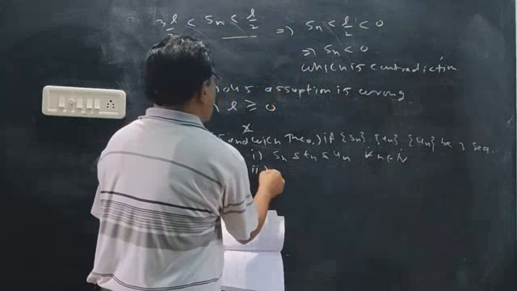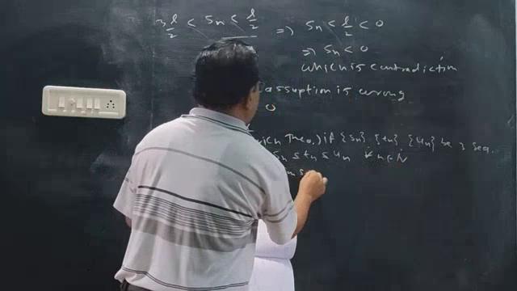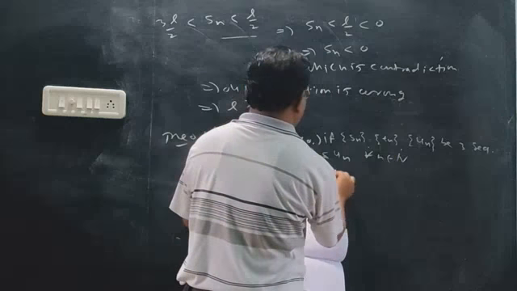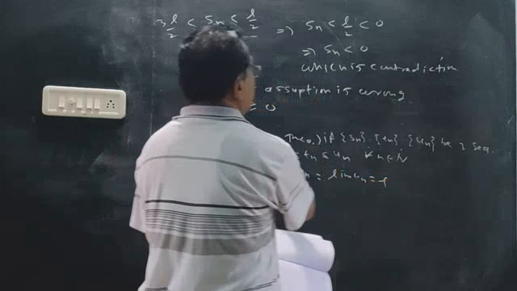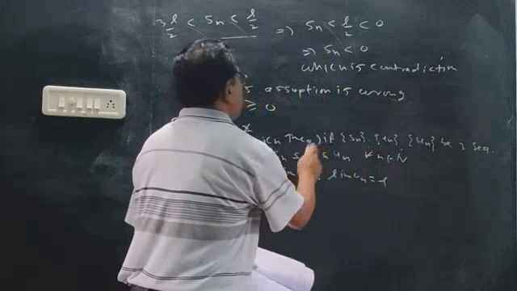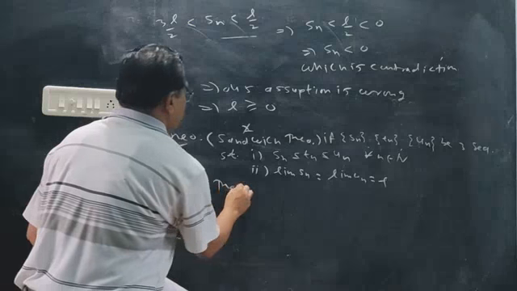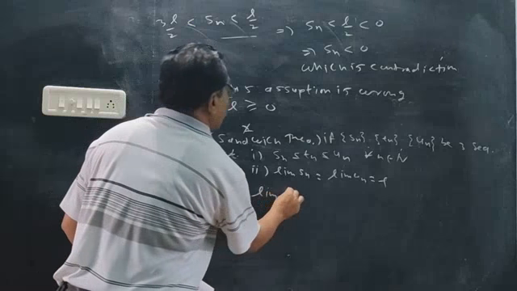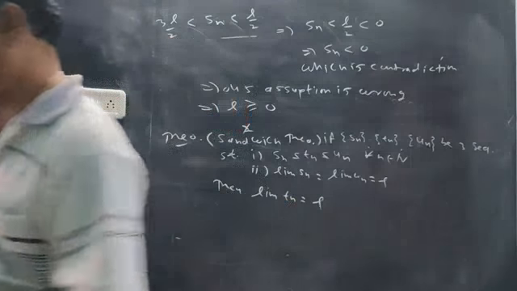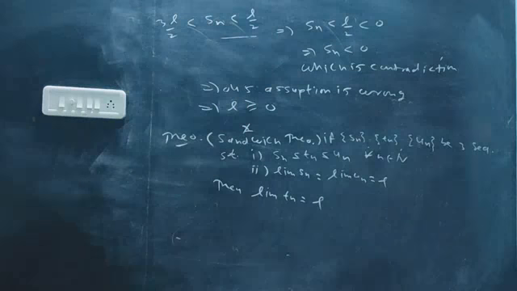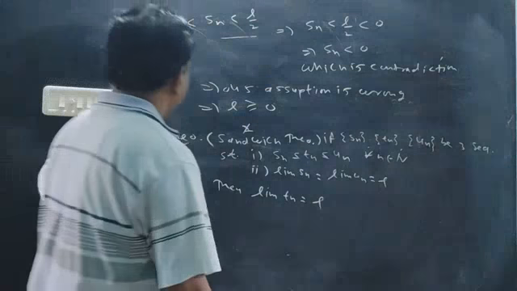And the second point is the limit of Sn and the limit of Un is L. The limit of Sn is L, the limit of Un is L, then the limit of Pn is also L. That is understood.